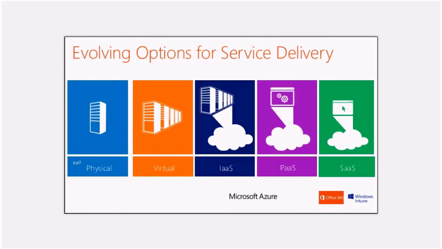And then finally on the right-hand side, software as a service, obviously we as the vendor in the Office 365 proposition, we actually manage every single element right up to the actual software delivery out to the end user.